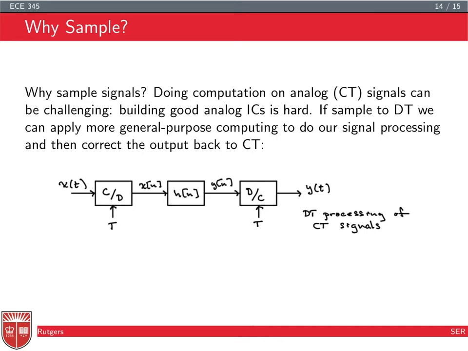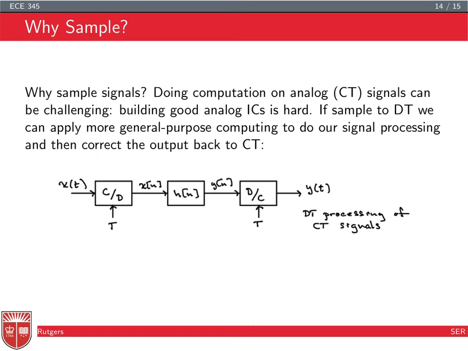Now, just a little bit of motivation in engineering. In general, we like to work with discrete signals, because then we can represent them by bits, and we can process them fast on our computer or on our chips. So they're much easier to process.